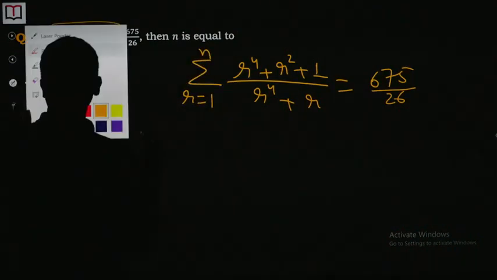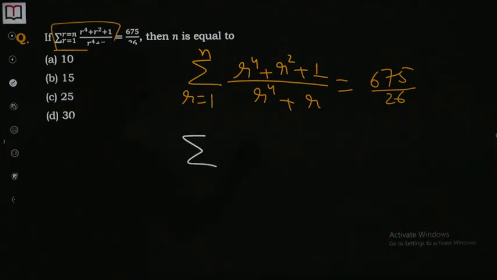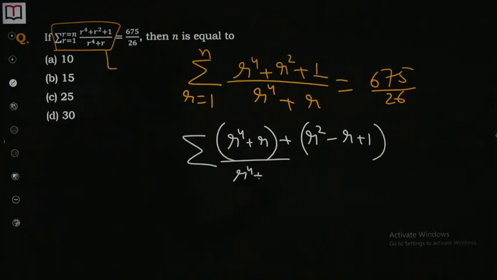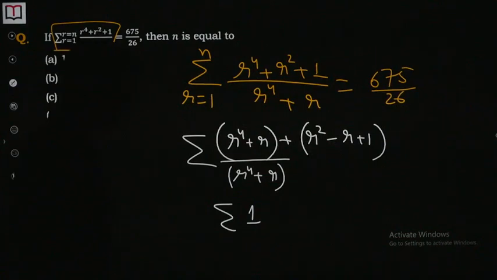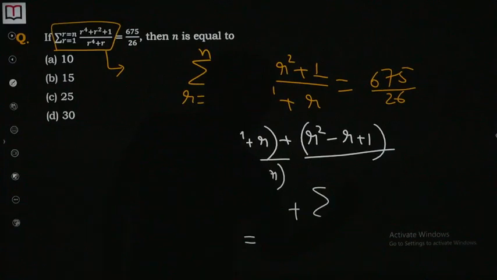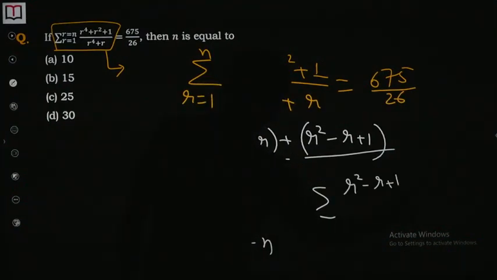And you can look at the question, the way I'm approaching it. So what I will do here is, see, I wrote r to the power 4 plus r, and then added r, subtracted r here. Now that's done. So this is nothing but summation of 1 when r goes from 1 to n, so this is n. Plus, now look at it carefully, this is the summation of r into (r cube plus 1).